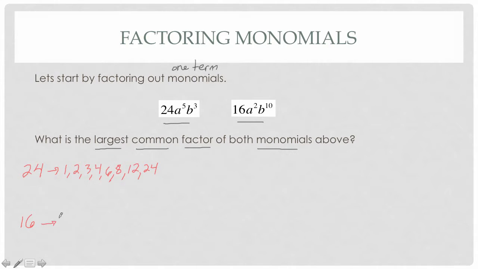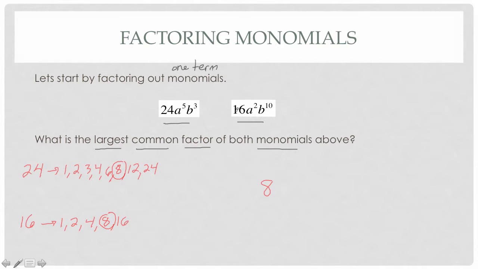For 16, that has factors 1, 2, 4, 8, and 16. So if we're looking for the largest common factor, I'm going to look at all the factors, and the largest one they both share is 8. So the largest common factor then is going to be 8.